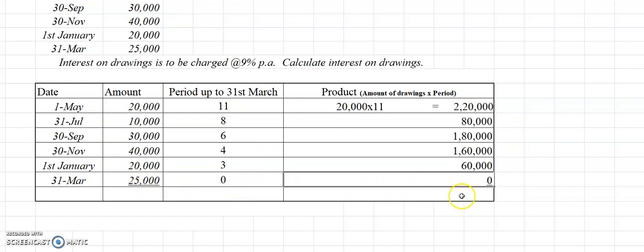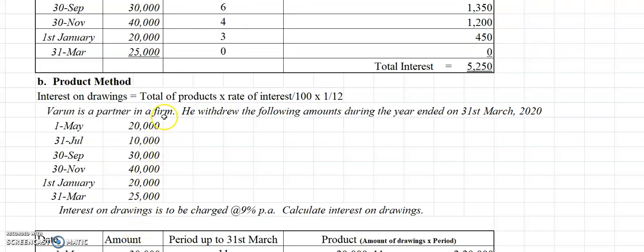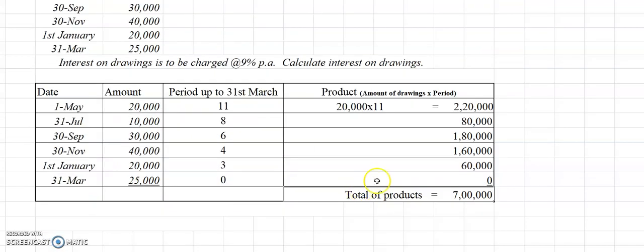So let us see what is the total of the product. Total of the product is 7 lakh. And we know the equation for calculating interest on drawings. Interest on drawings is equal to total of the product into rate of interest divided by 100 into 1 by 12. Here it is multiplied, so we take for 1 month.